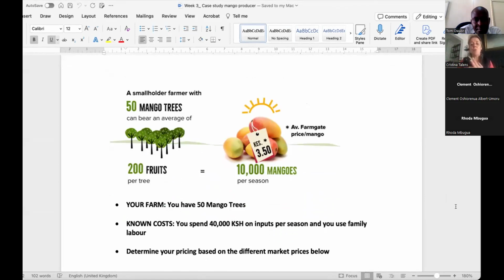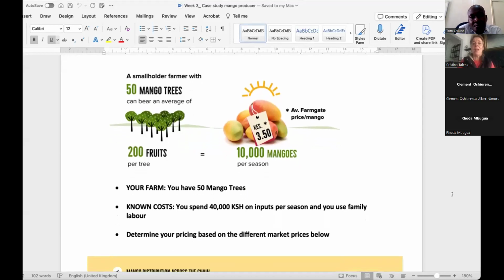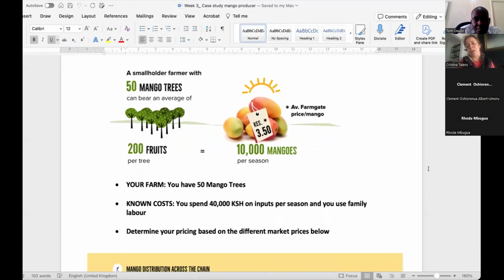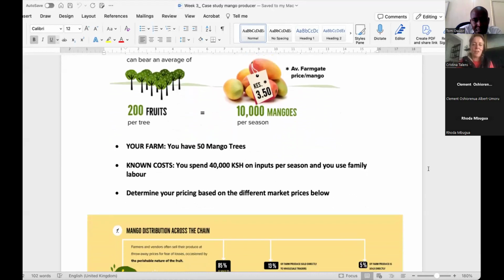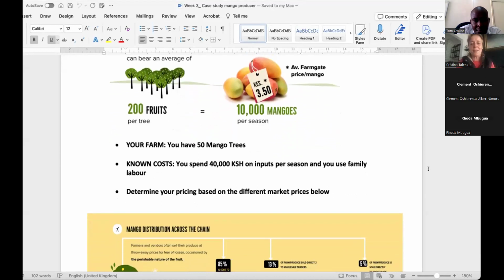You spend 40,000 Kenyan shillings on inputs per season, and you use family labor. You don't hire anybody. You remember 50 mango trees can have an average of 200 fruits per tree. And then the average farm gate price for the mango is Kenya 3.5 shillings. This is a bit old, okay? It's just to see how you would price this up.